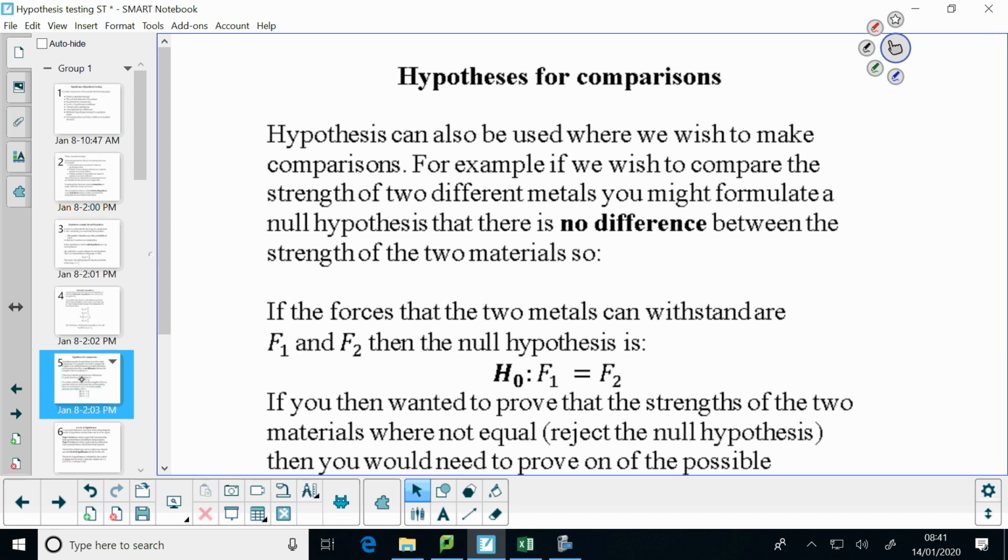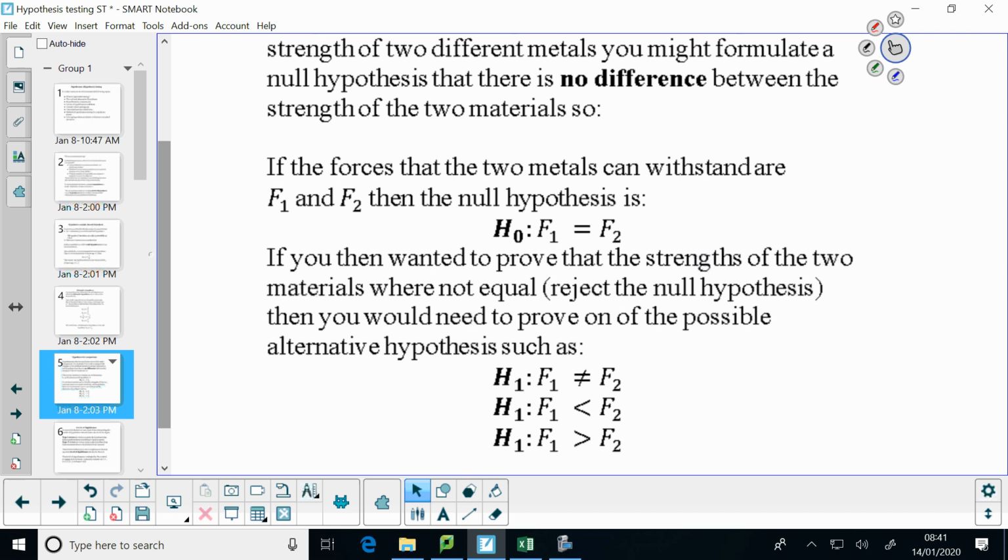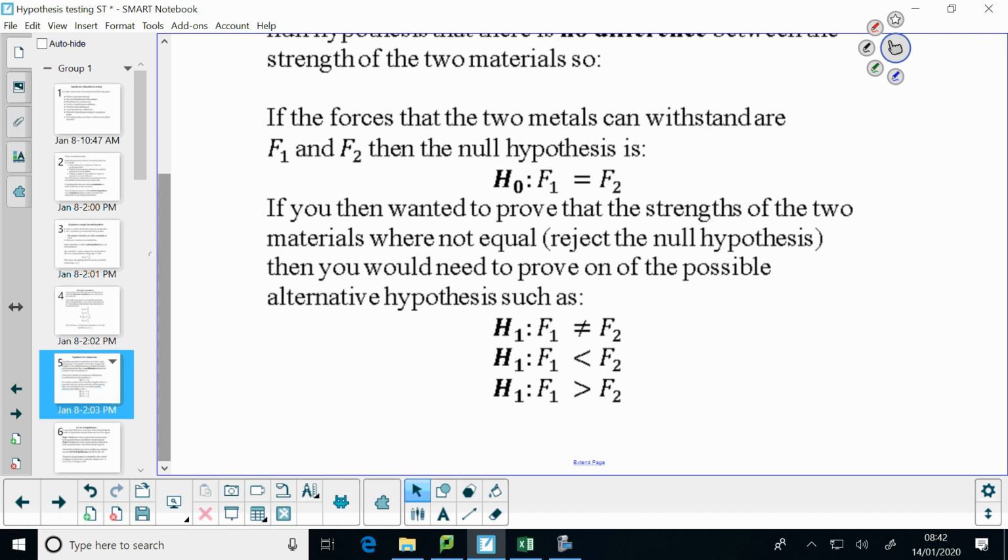If you then wanted to attempt to prove that the strengths of these two materials were not equal, i.e. reject the null hypothesis, then you would need to prove one of the possible alternative hypotheses. That is that F1 is not equal to F2. In that case, your alternative hypothesis is that F1 is either stronger or weaker.